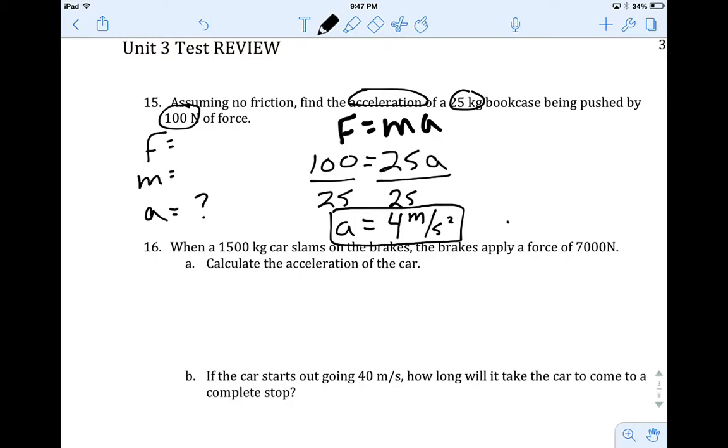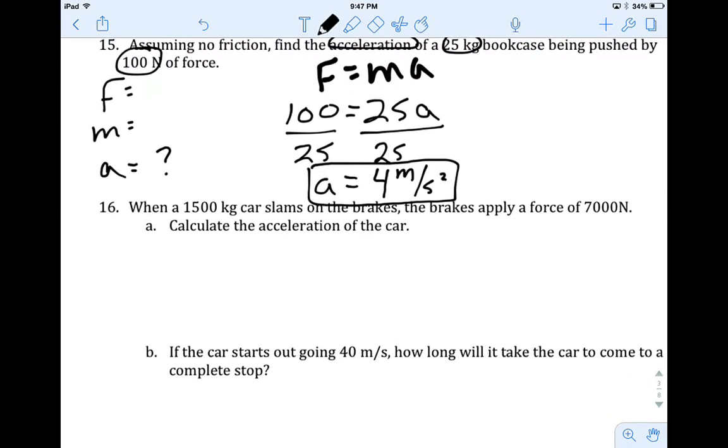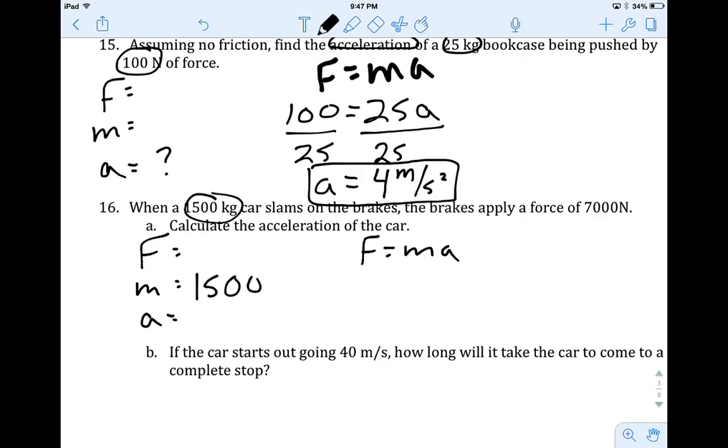All right, now when a 1,500 kilogram car slams on the brakes, it applies a force of 7,000 newtons. Calculate the acceleration. So again, this looks like F equals ma to me. So I have my force, my mass, my acceleration. 1,500 kilograms is my mass, 7,000 newtons looks like a force, and acceleration is what we're trying to find, right?